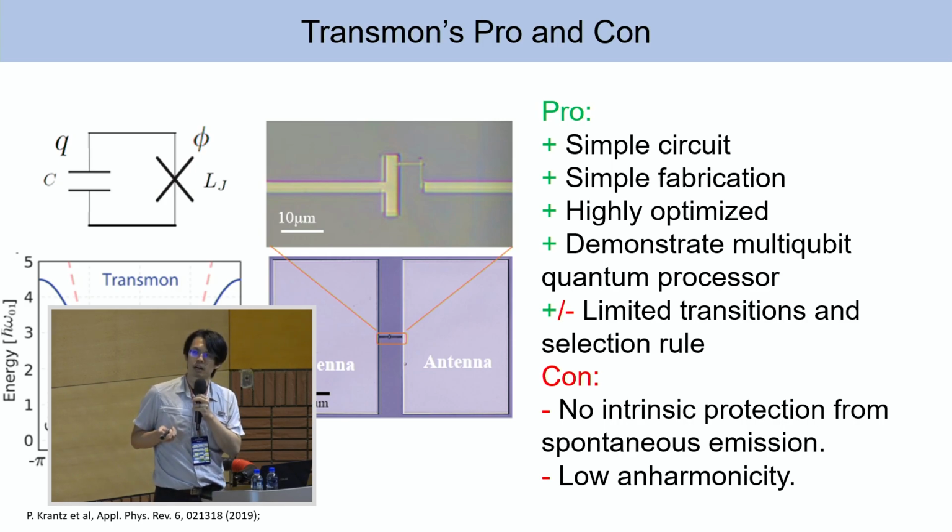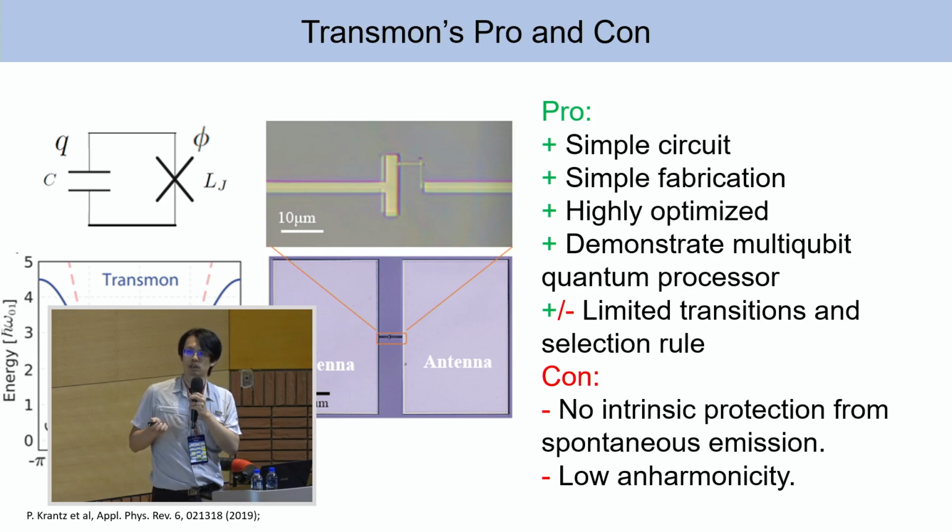There are pros and cons, so let me put some of my comments here. One is that this circuit is quite simple. Basically, you just shunt a Josephson junction with a larger capacitor, and it's also quite simple for fabrication. The process is relatively simple compared to, for example, fluxonium.